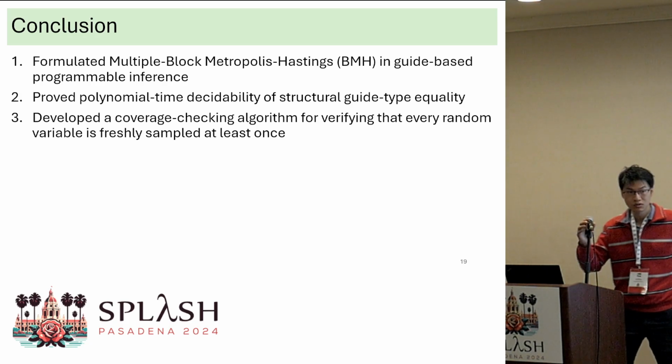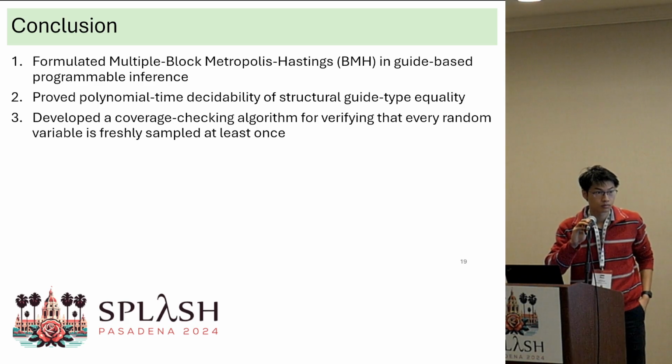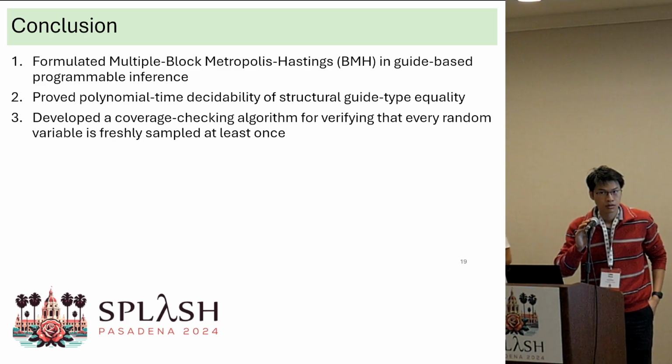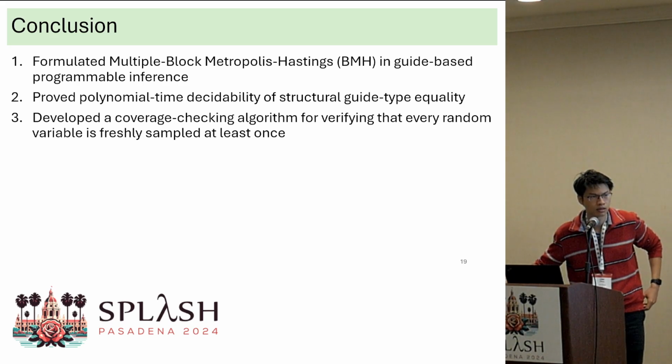Sure. So if a program fails your verification, what kind of feedback do you give to the programmer to fix the program? So we didn't really investigate the kind of error messages that we can return to the user.